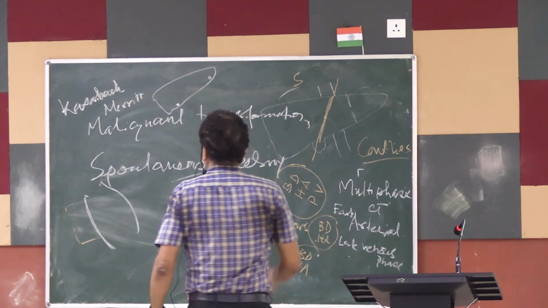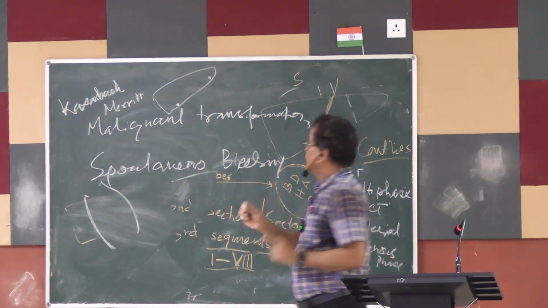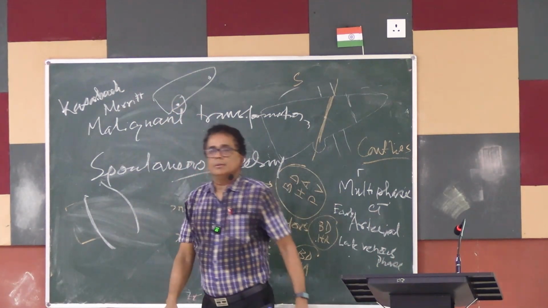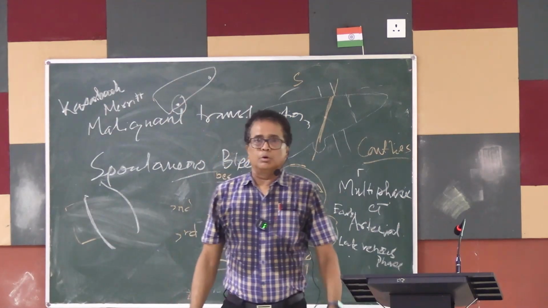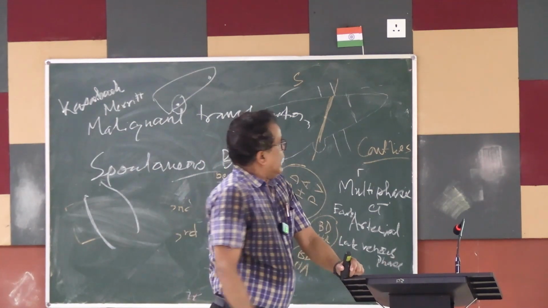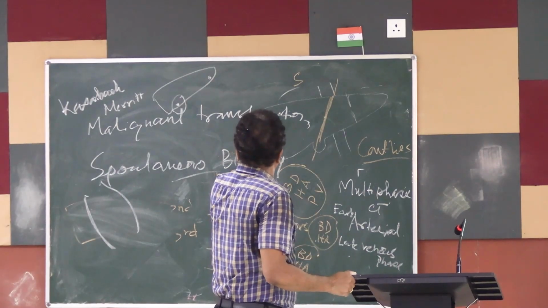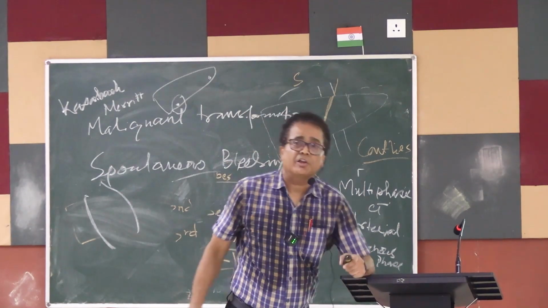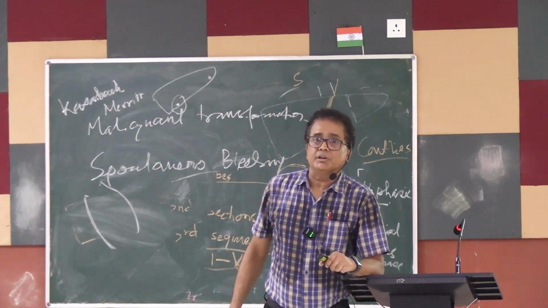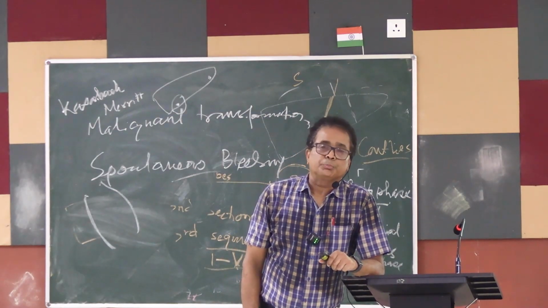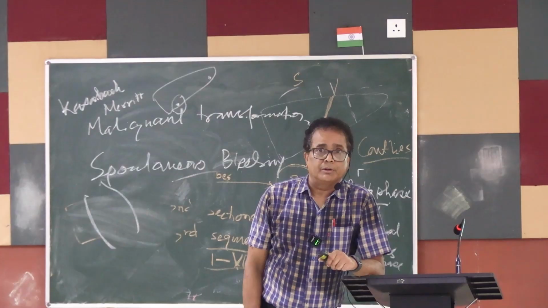But it can grow very big. So when they become very big, they can be palpable per abdomen. On those 2 points, whether there is any malignant transformation and spontaneous bleeding: malignant transformation doesn't happen, spontaneous bleeding doesn't happen.